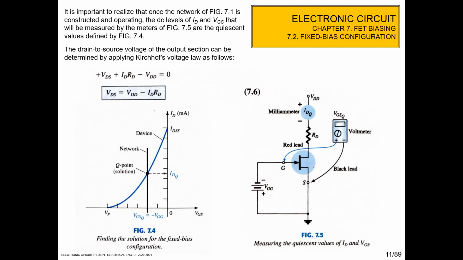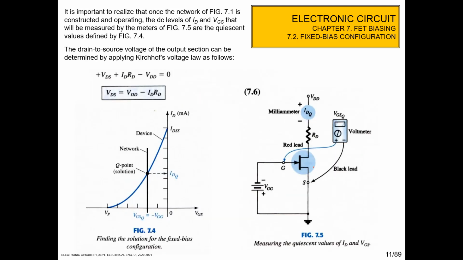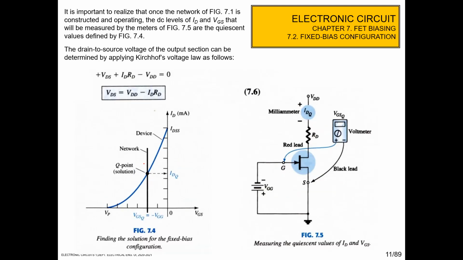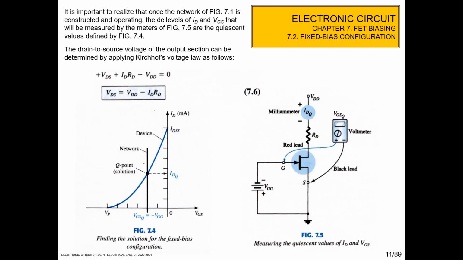After we find the ID key, we can find another parameter like VDS, the voltage between drain and source here. So VDS plus IDRD minus VDD is equal to 0, or VDS is VDD minus IDRD.